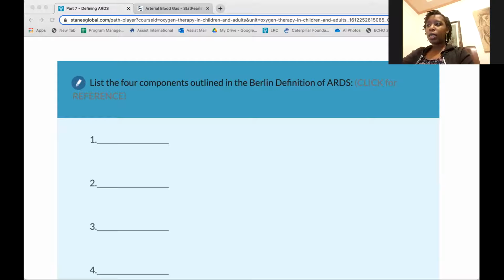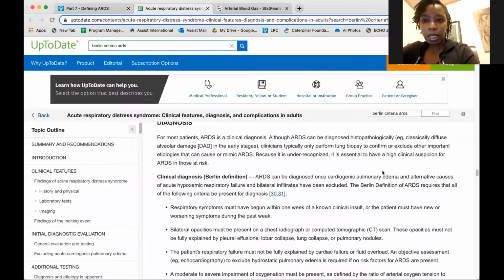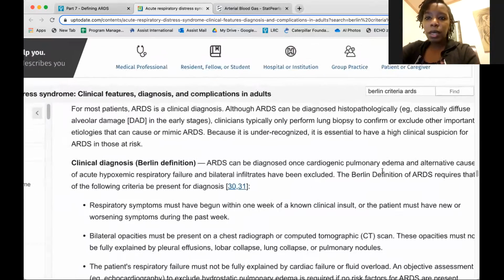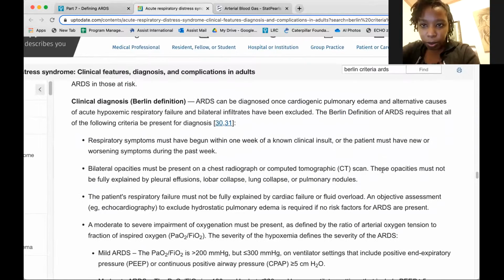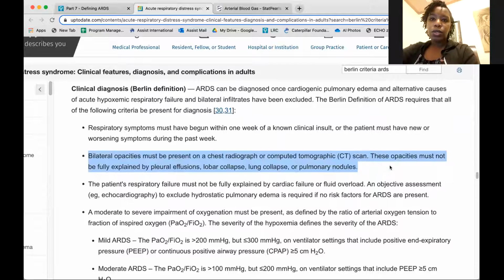The second one is you're going to find bilateral opacities on chest X-ray or CT scan. These opacities must not be fully explained by pleural effusions, lobar collapse, lung collapse, or pulmonary nodules.